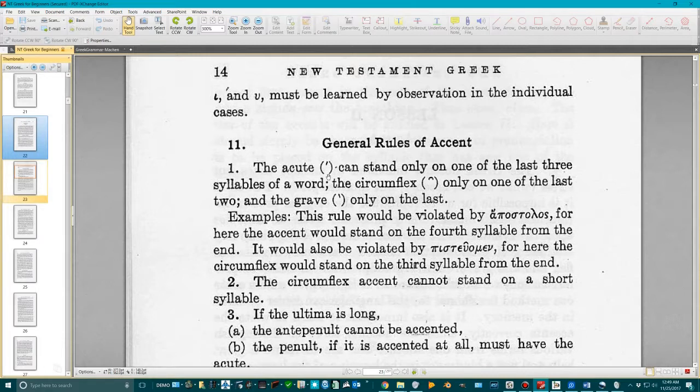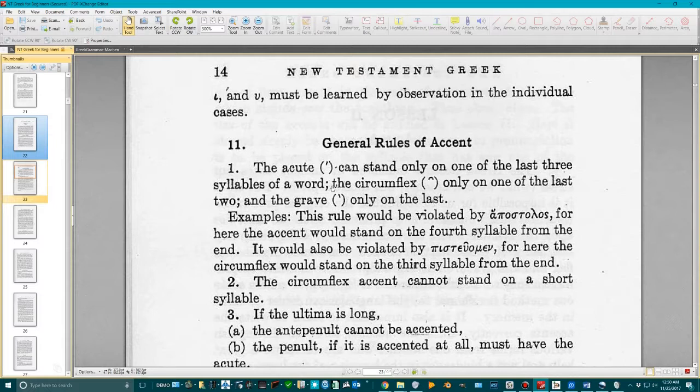The second accent is referred to as the circumflex. It looks like a tilde, but this will only land on one of the last two syllables. While the acute can be on any of those three syllables, the circumflex will only be found on the ultima and the penult.